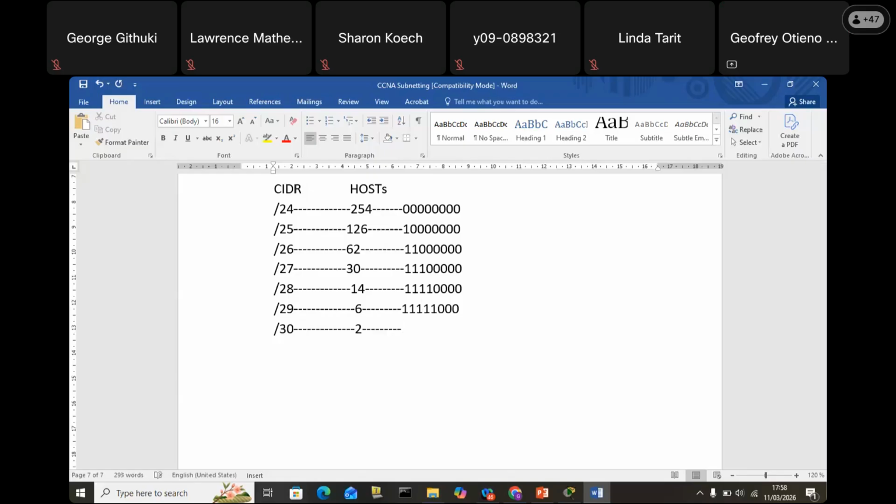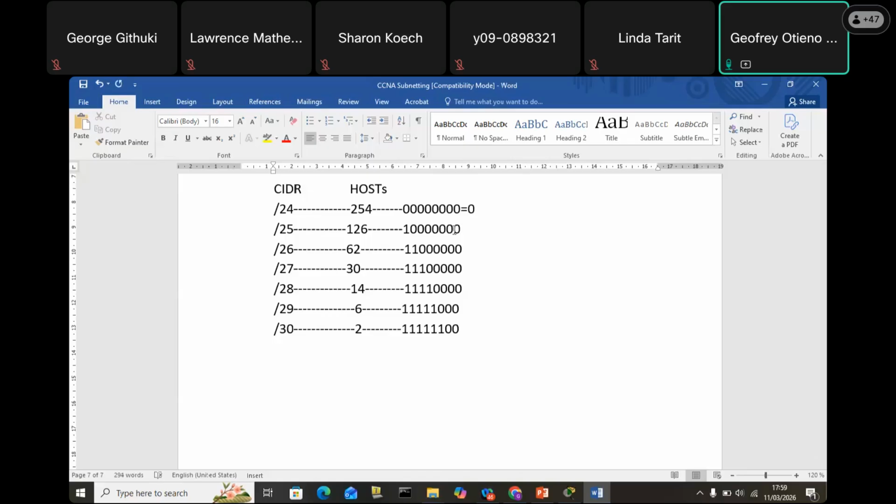Then here we have 6. 1, 2, 3, 4, 5, 6. Then 1, 2. So this is how you need to express these prefixes in terms of bits. So we just need now, guys, to convert them of course to decimal.